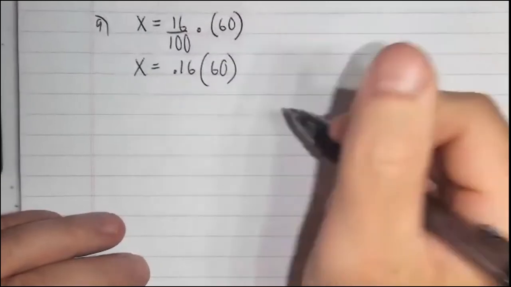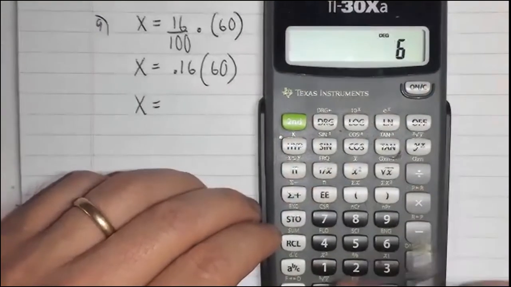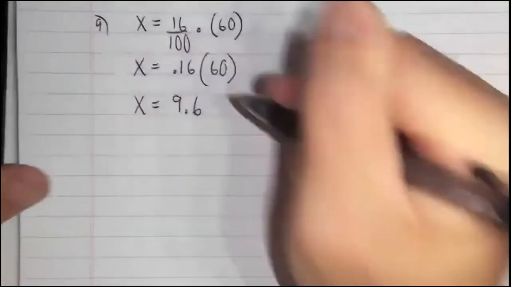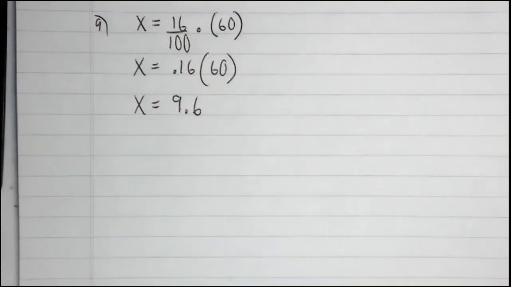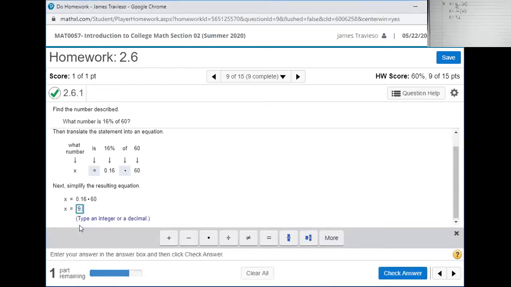Then I times that 0.16 by 60, and I would get 9.6. So if we go back to the share screen, that's where you would enter 9.6.